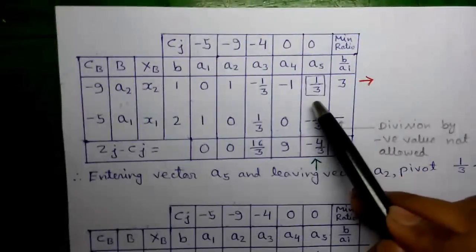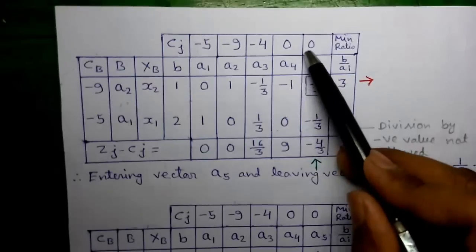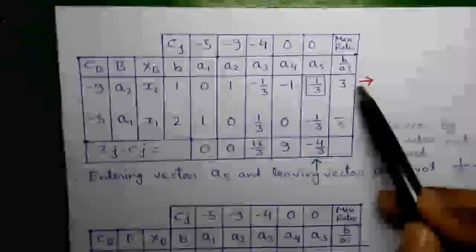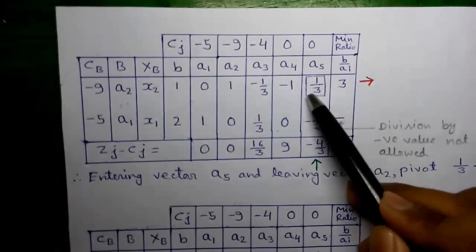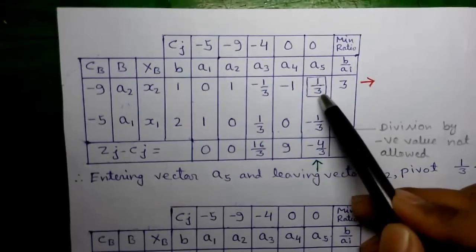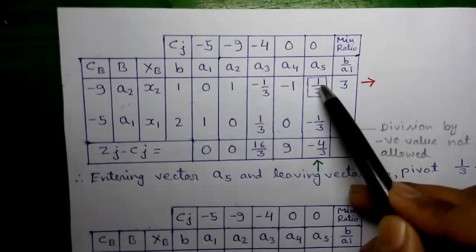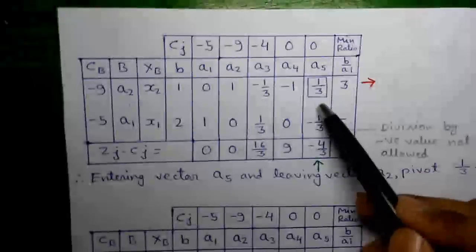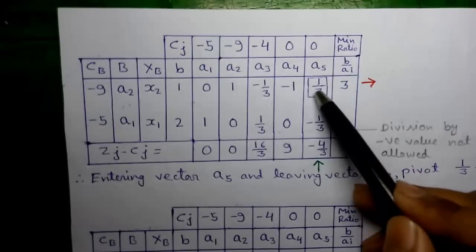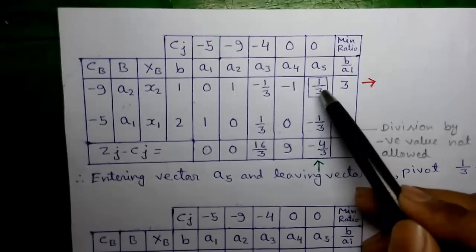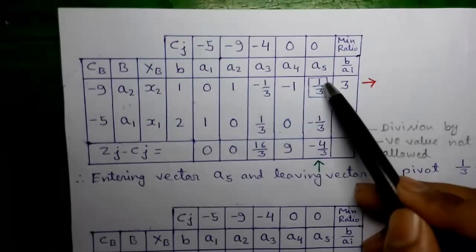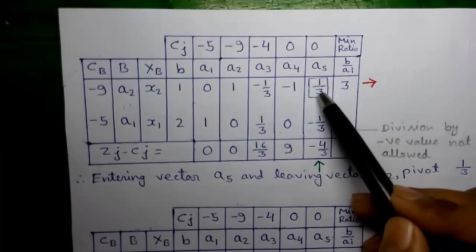Pivot element is the element at the intersection of the entering and the exiting vector, and that is covered by a box. And now, as mentioned earlier, we have to make this element 1 and all the numbers above and below the pivot element 0. So first make this number 1. We can multiply this number by 3 to get a 1.